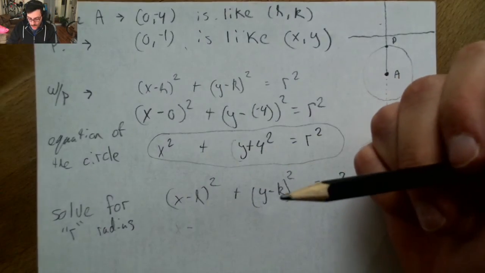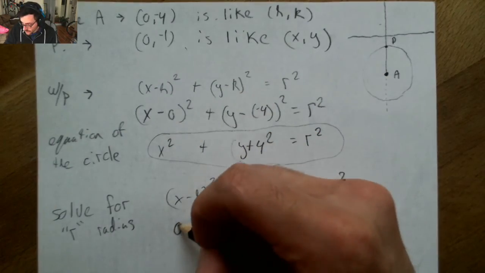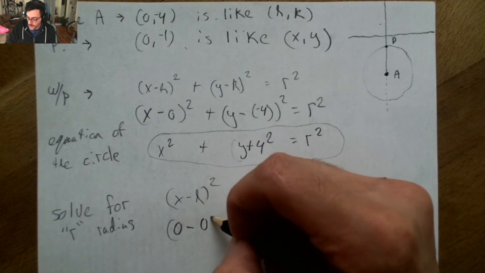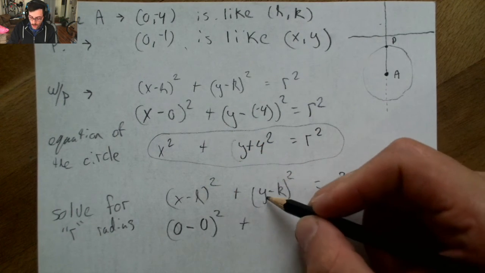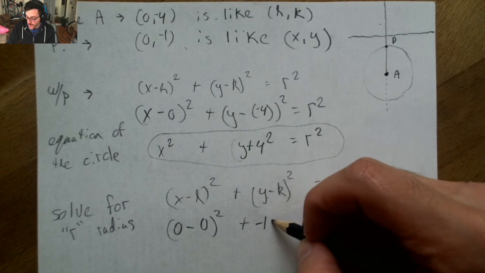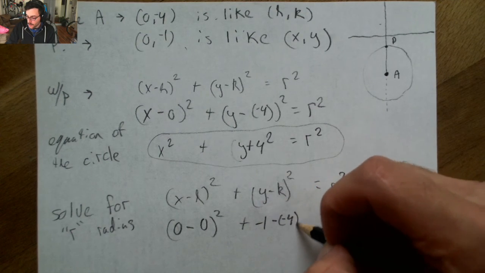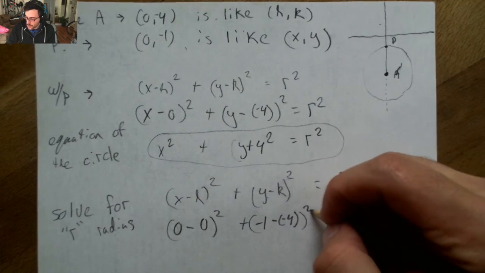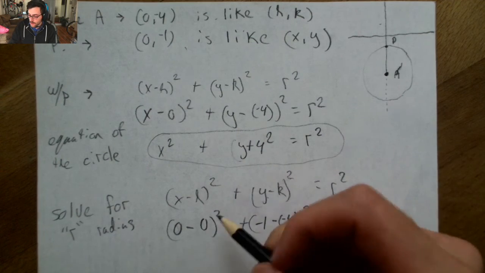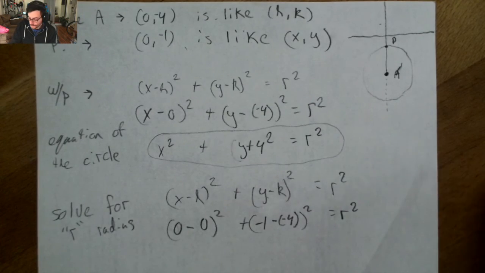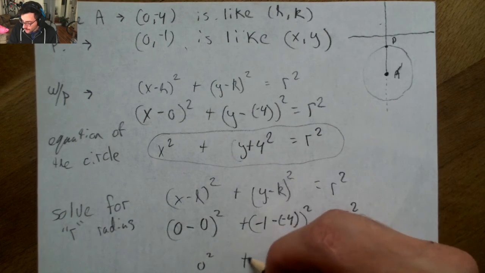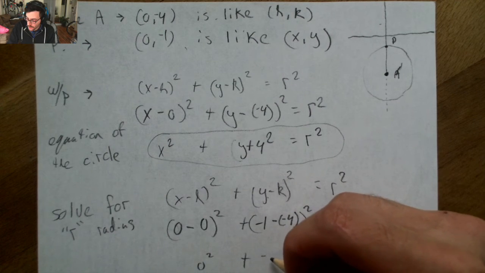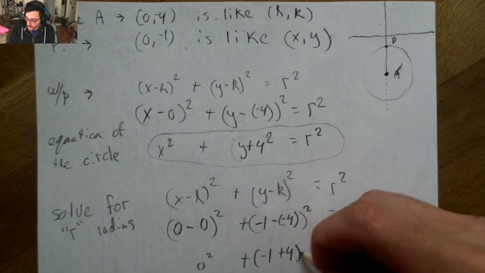So go up to the top. Our x value is going to be 0. Our h value is going to be 0. That's squared. Y is going to be -1. And we have that minus -4 again, all squared equal to r squared, our unknown. 0 squared obviously is just nothing. -1 minus -4, or -1 plus 4, squared.